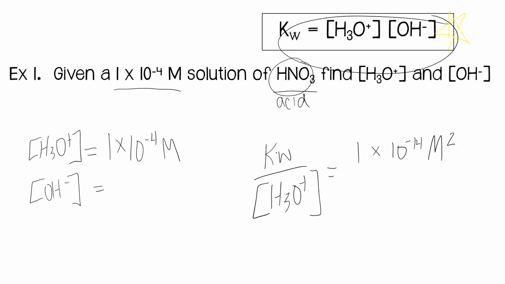So that's Kw, always a constant, divided by our hydronium concentration, 1 times 10 to the negative 4 M. So plug that in your calculator: 1 times 10 to the negative 14th divided by 1 times 10 to the negative 4th, and you get 1 times 10 to the negative 10 molar as our hydroxide ion concentration.